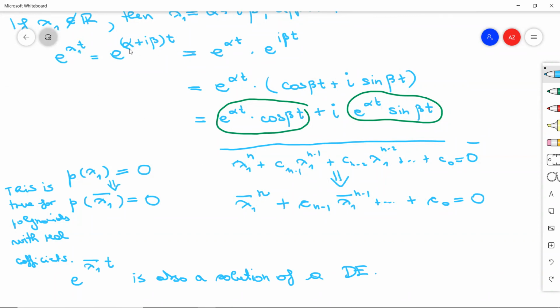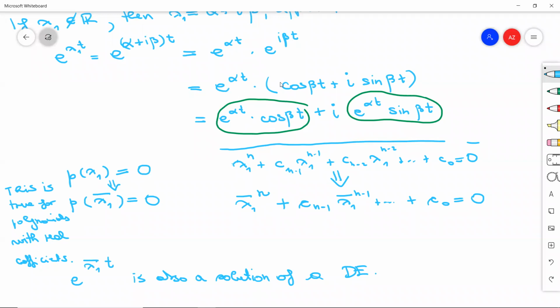In this derivation above, lambda 1 conjugated is alpha minus i beta. So only plus goes into minus. In this first equality, only plus goes to minus. In the second equality, e to alpha t remains, and then i beta t becomes minus i beta t.